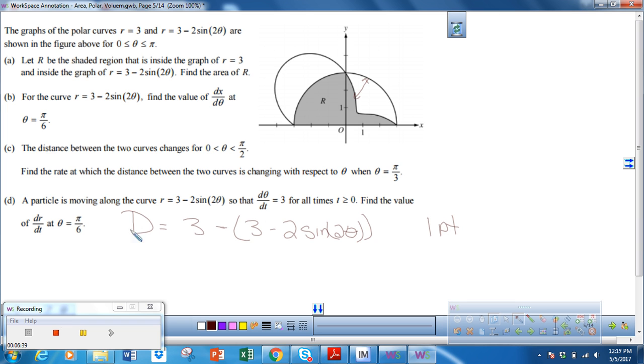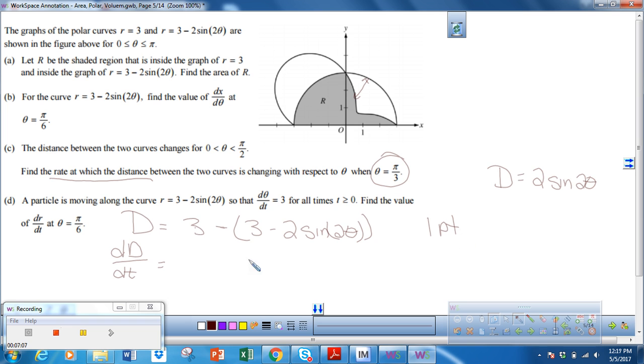So then they want to know how fast, find the rate at which the distance is changing when theta is pi over 3. So then we have to find the derivative of this with respect to t. So 3 minus 3, that zeroes out, and that'll give me plus. So I get the distance, when I simplify it, is 2 sine 2 theta.